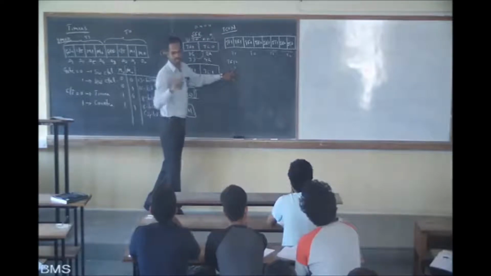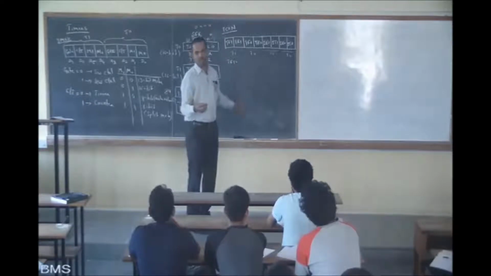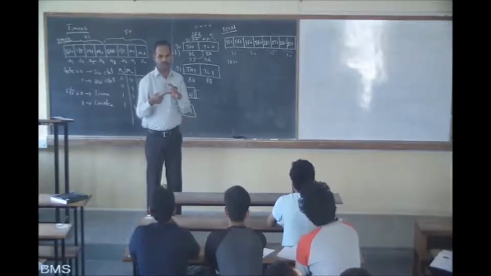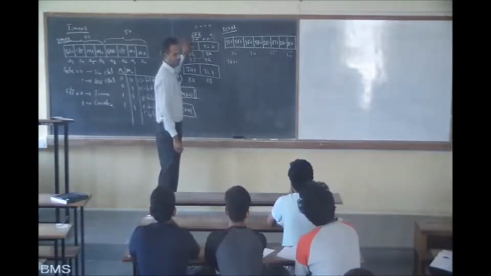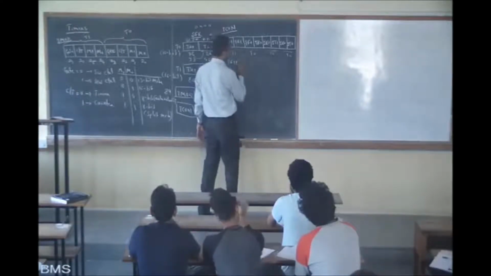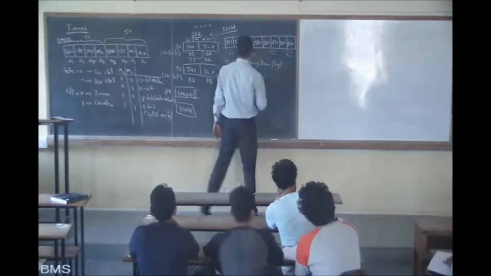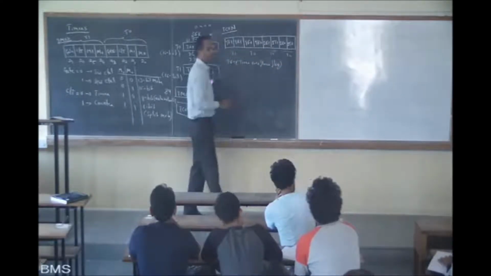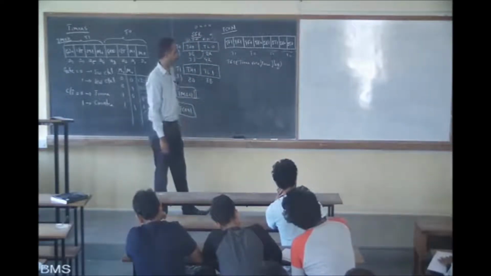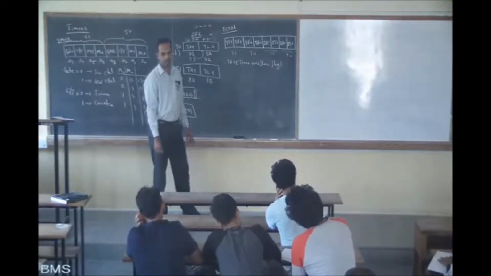So TF1 is the timer overflow flag. Whenever the timer reaches its maximum value and goes to the next minimum value, TF1 will be 1. Write it in brackets: timer overflow flag.